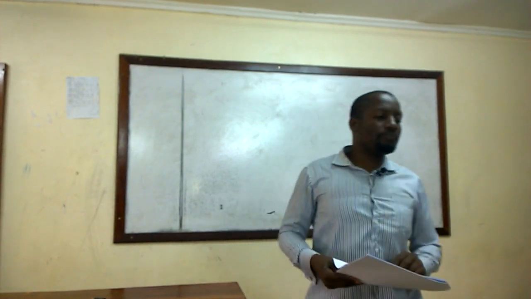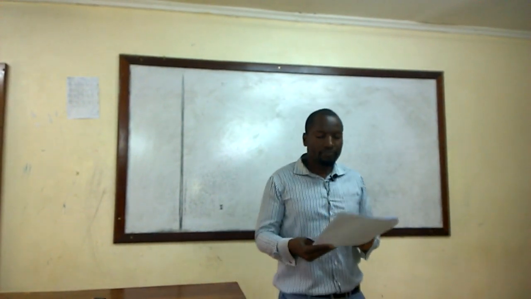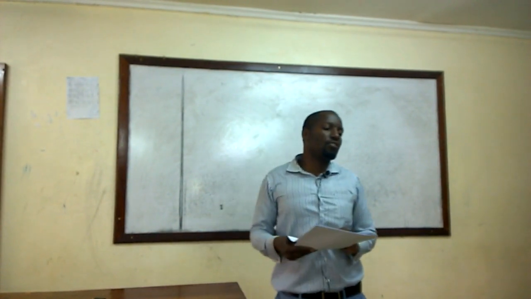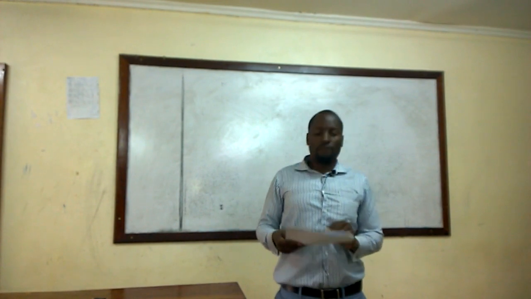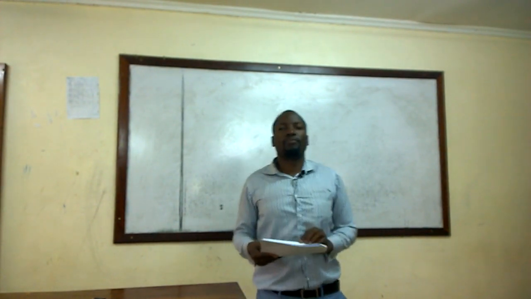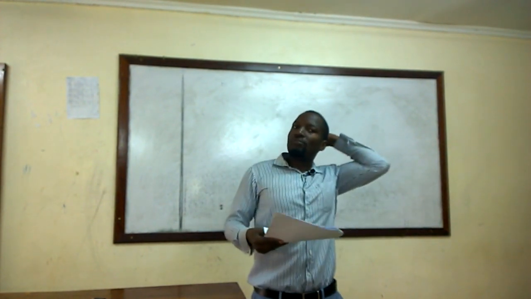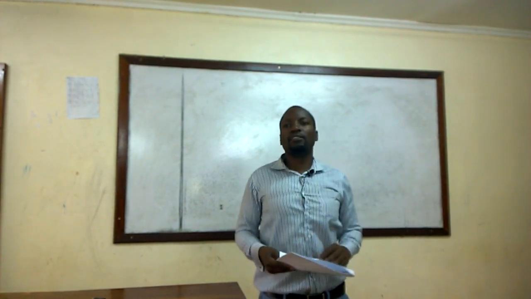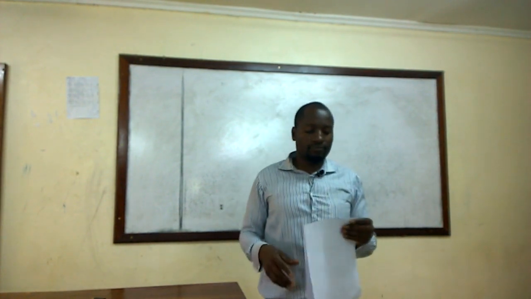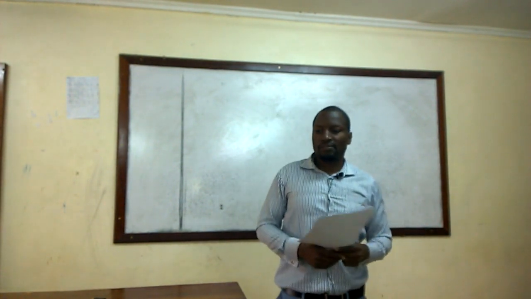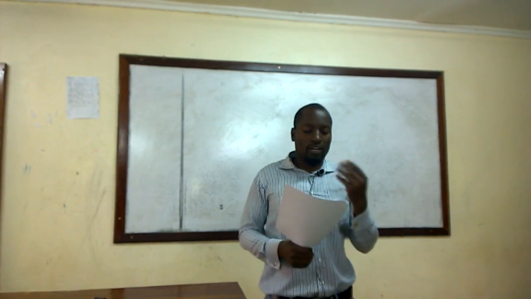For example, what is the significance of crossing over that occurs in process 1 of meiotic division? That's an example that you can look at.